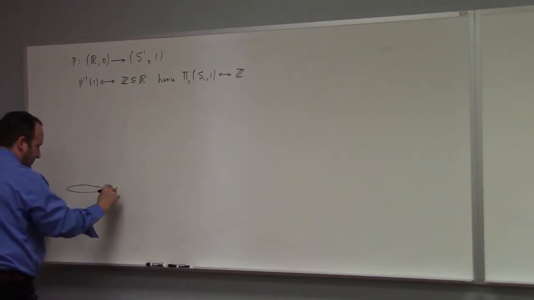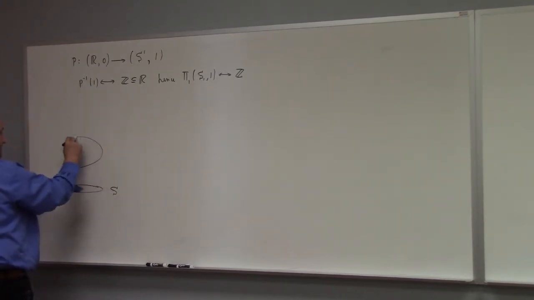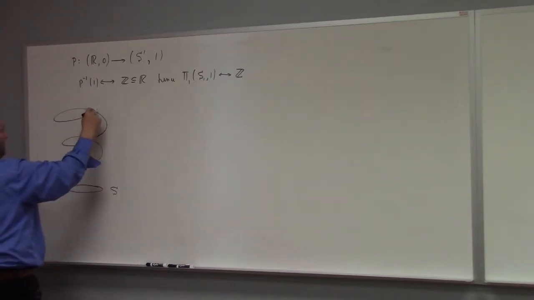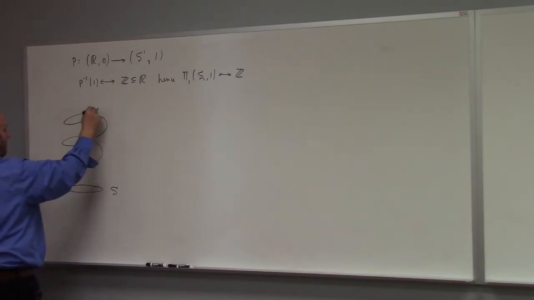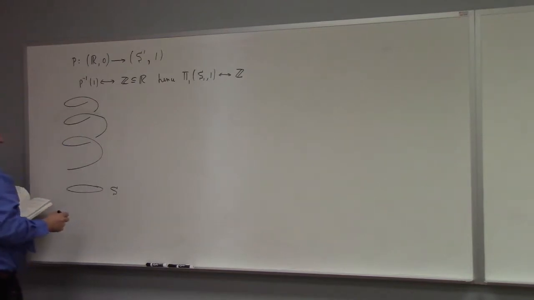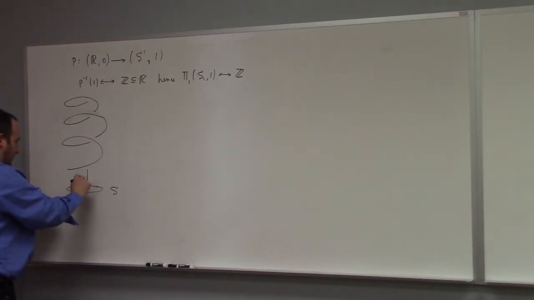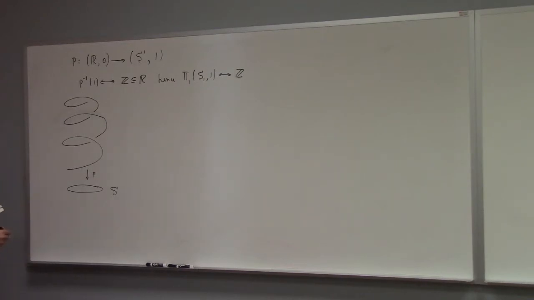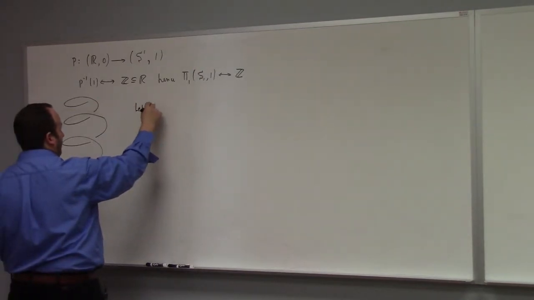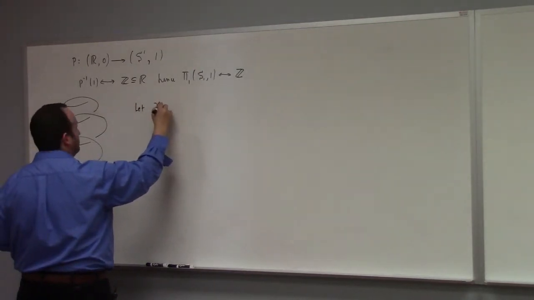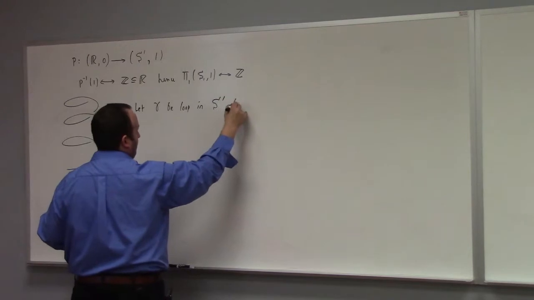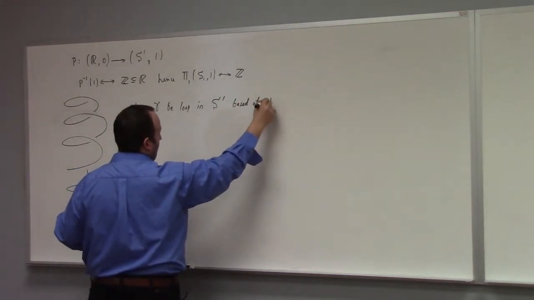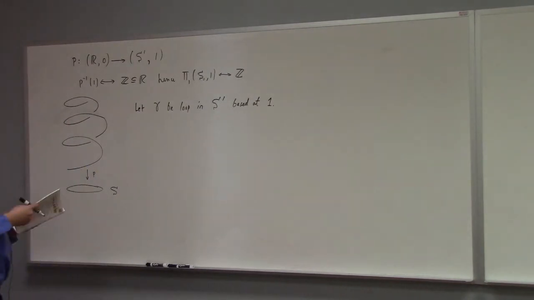Here's my S1, right? Anyway, so this was our picture for that before, remember? And he says let gamma be a loop in S1 based at 1.